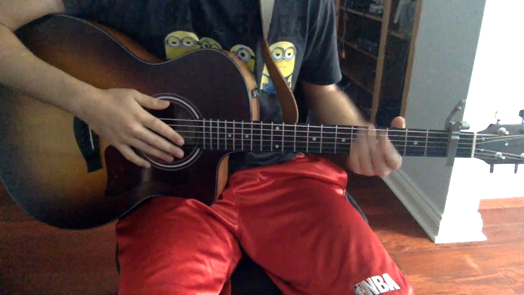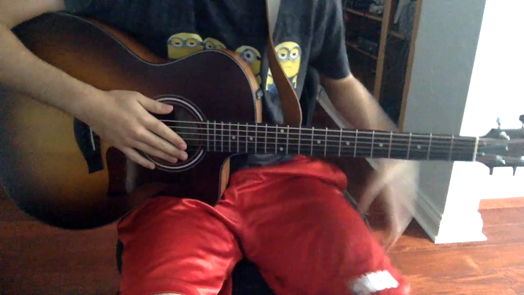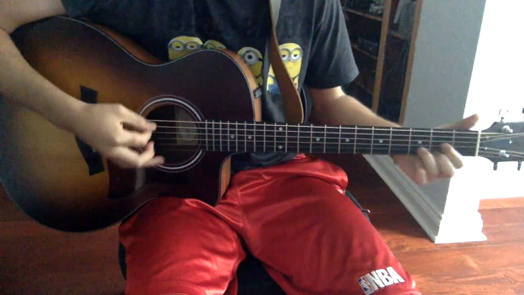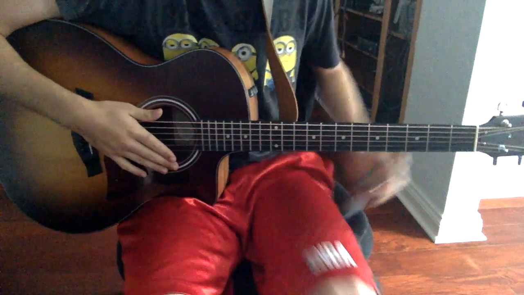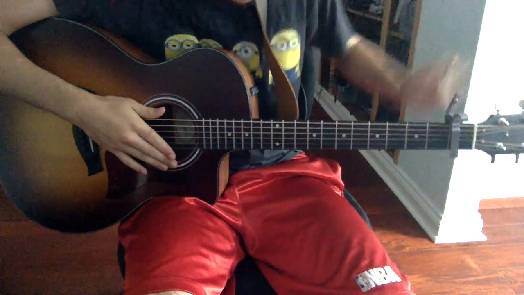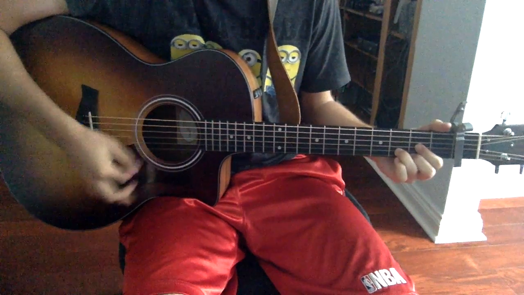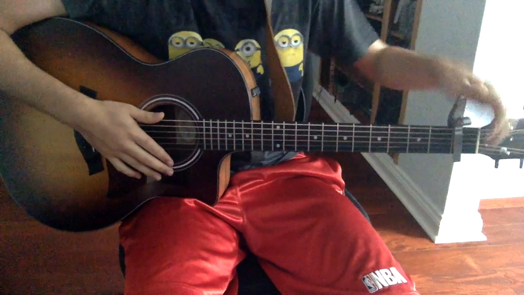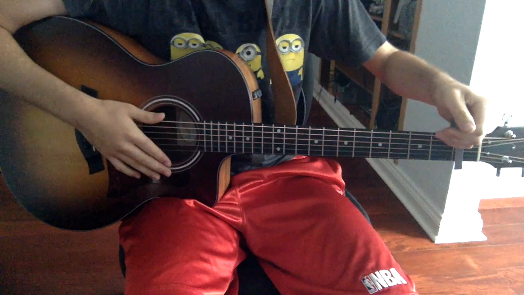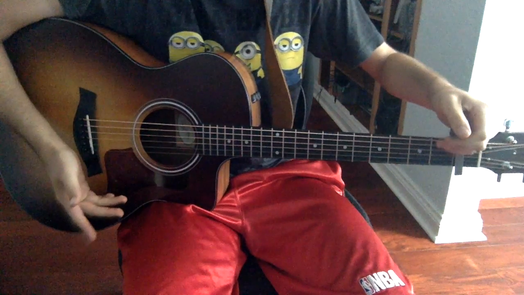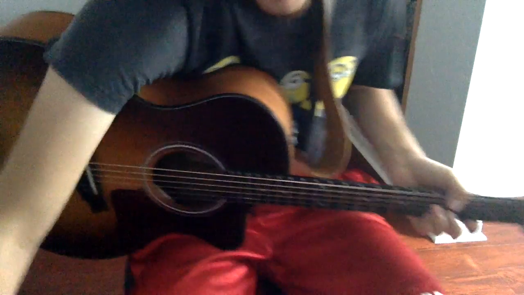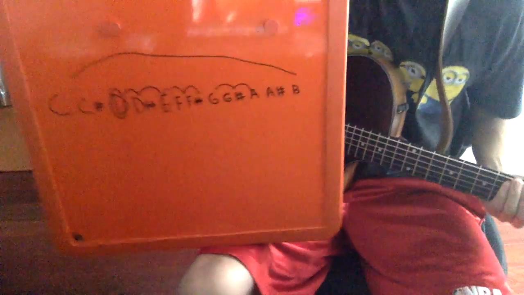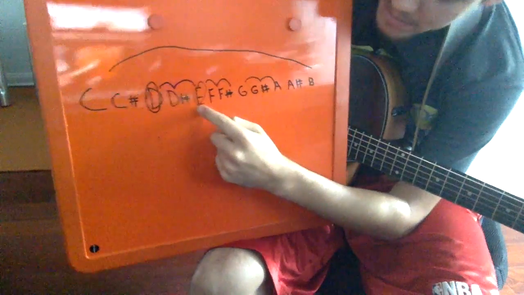So this is D, the key of D. And the key of D sharp will be the same thing. We're playing the same chords. Now what's after D sharp? See, this is why you have to memorize it. Or you can keep looking at the board if you want, but memorizing is the best. What's after D sharp?